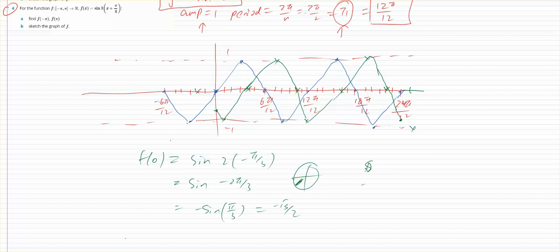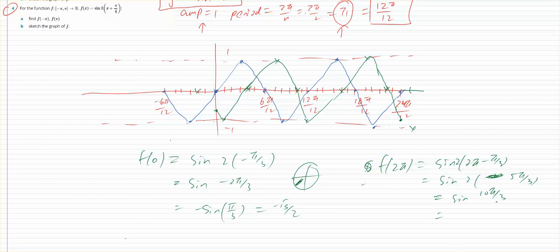Similarly, f of 2 pi would give me the endpoint at 2 pi. So it's sine of 2 times (2 pi minus pi over 3), so equals sine of 2 times 5 pi over 3, so equals sine 10 pi over 3.